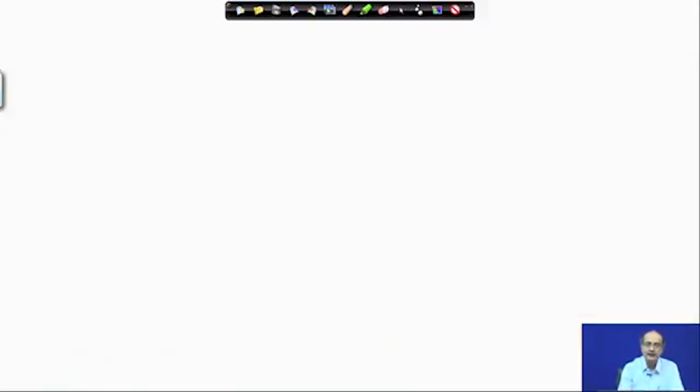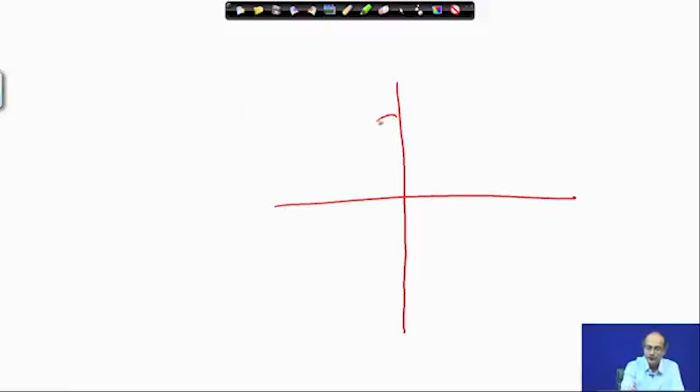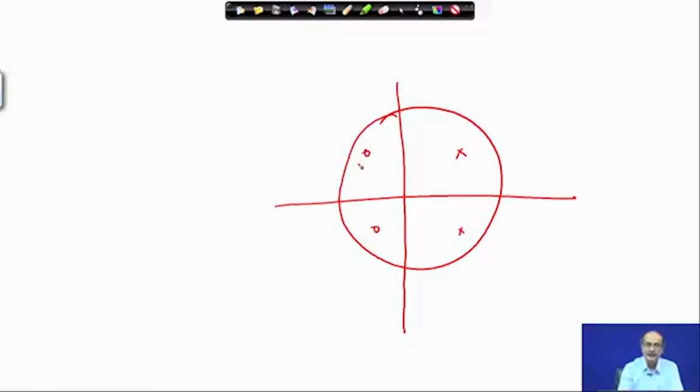All of us are aware of the z domain; a transfer function we can take into the z domain, and if we draw the unit circle, we know that for a stable system all the poles and the zeros should be within the unit circle. If the poles are going outside, then it becomes unstable.